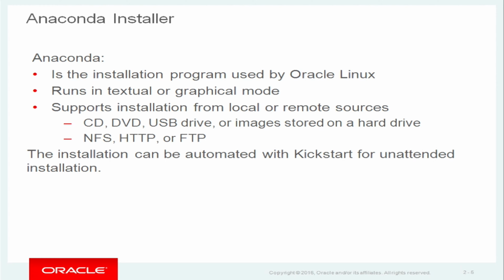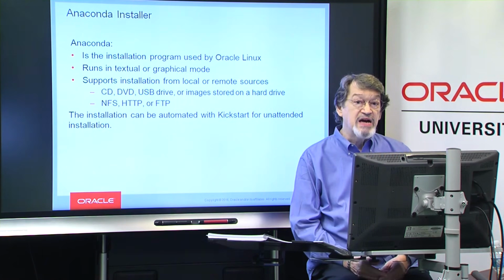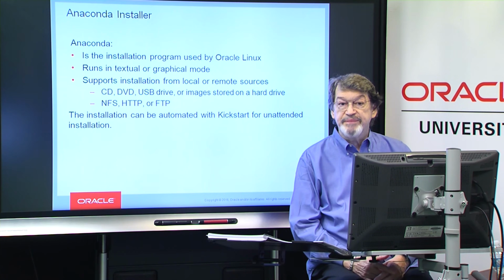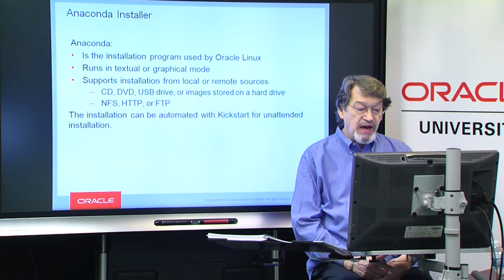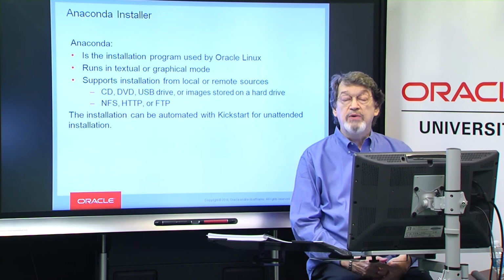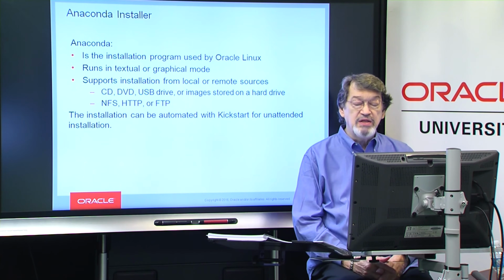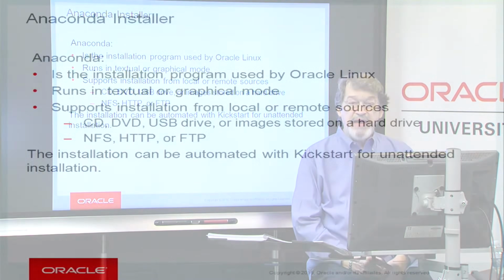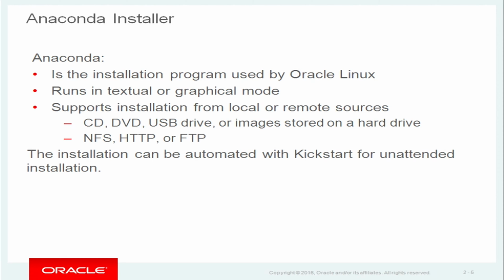The hardware is discovered by kudzu and turned over to Anaconda, so Anaconda knows which drivers to get installed. It can run in a GUI, which is what you'll use to do the install, but it can also run in a text mode. In some of our other classes, not in this one, we actually do a kickstart, which runs Anaconda in textual mode.